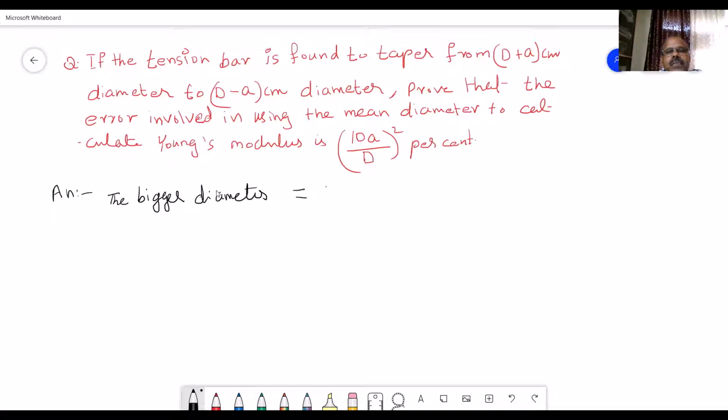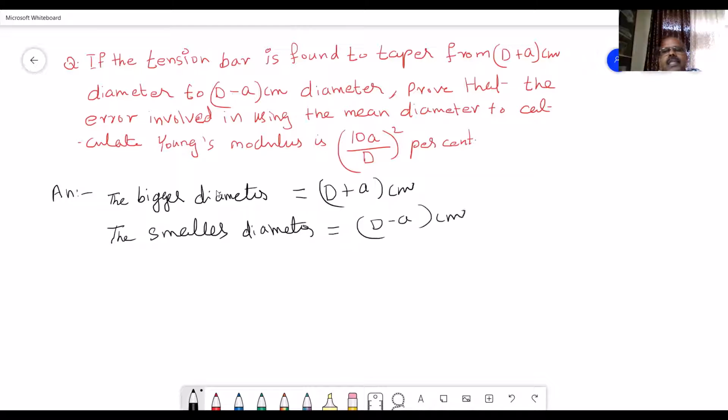Bigger diameter is given as D plus A centimeter, and the lower diameter, also small diameter, is given. The smaller diameter is given as, it is a taper rod, so it is having diameter at the large end as well as the small end. So D minus A centimeter.